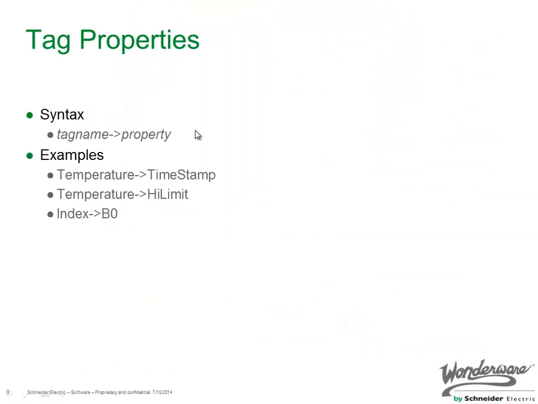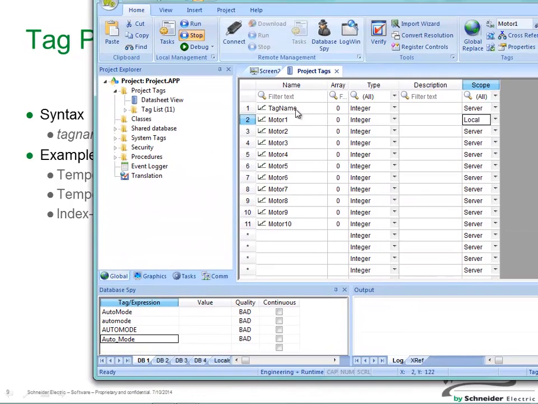Moving along, we're going to talk a little bit about tag properties. Now I mentioned that tags are not just simple values. So for example here, let me go create that tag called auto mode.